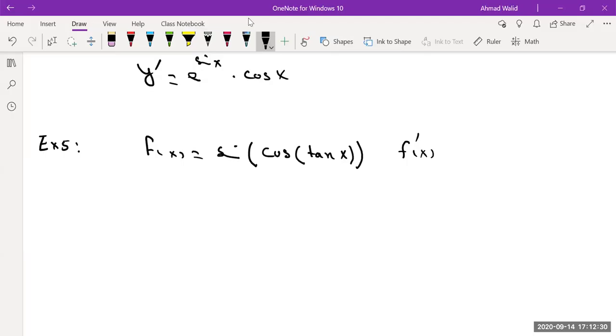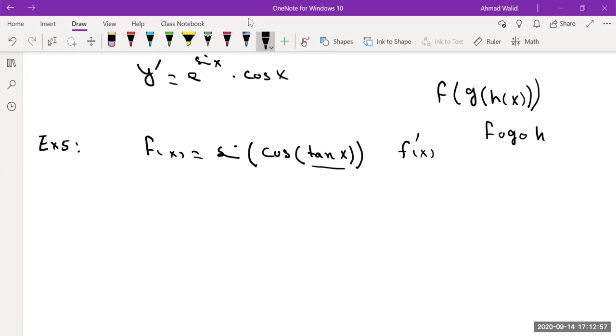Actually, here you have f of g of h of x, such a composite function. Three functions, correct? When I have 3, I'll name it this way.